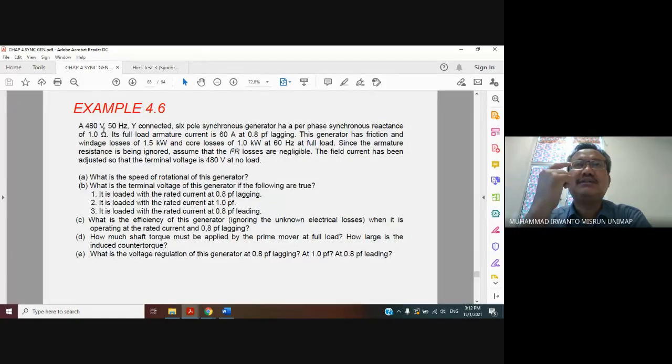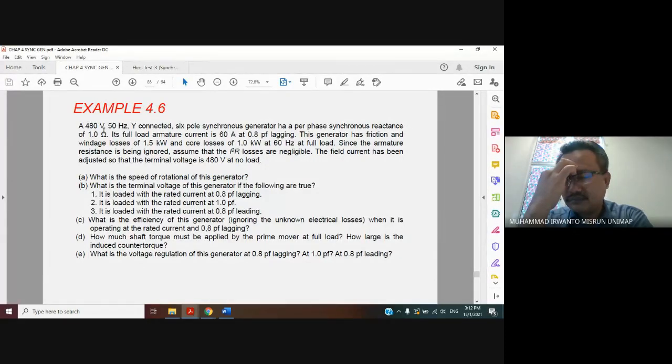First, if we have the RMS or the peak value, there is a relationship between the peak value and the RMS value. We know that the peak value is equal to square root of 2 times the RMS value.